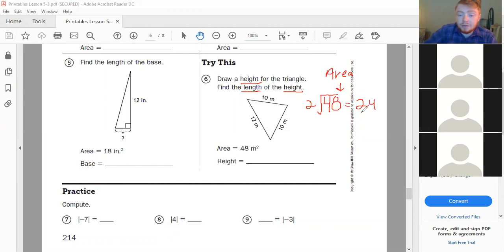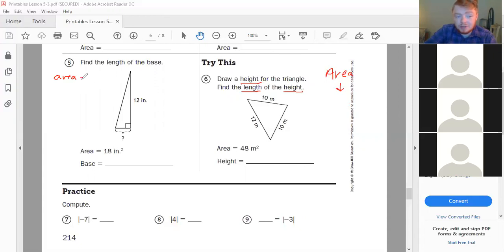Okay, we have 24 now. If we remember over here, we did area. Oh, I meant times 2. I'm a horrible liar to all of you.